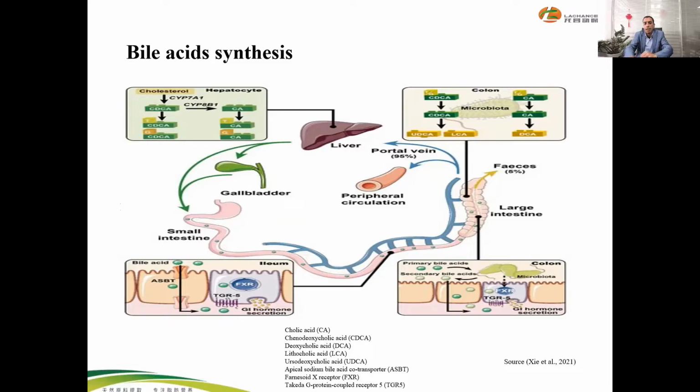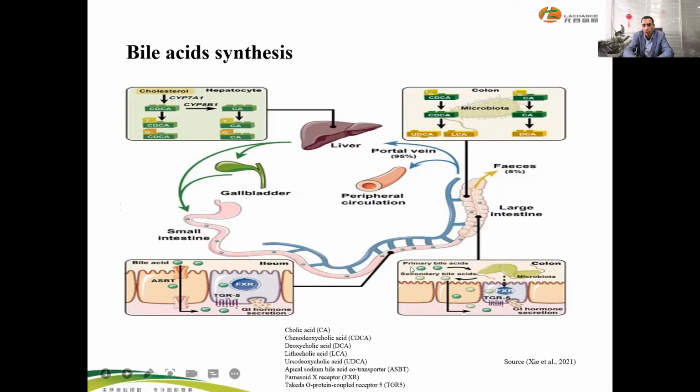Most of the bile acid is reabsorbed via the portal vein to return to the liver. About 95% is reabsorbed and returned to the liver to be reused, resecreted and recycled. The remaining part, about 5%, is still in the large intestine.